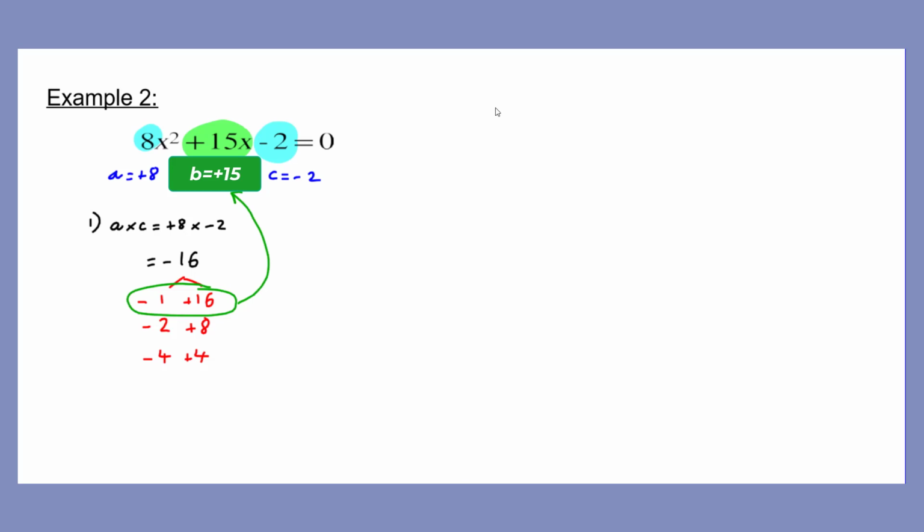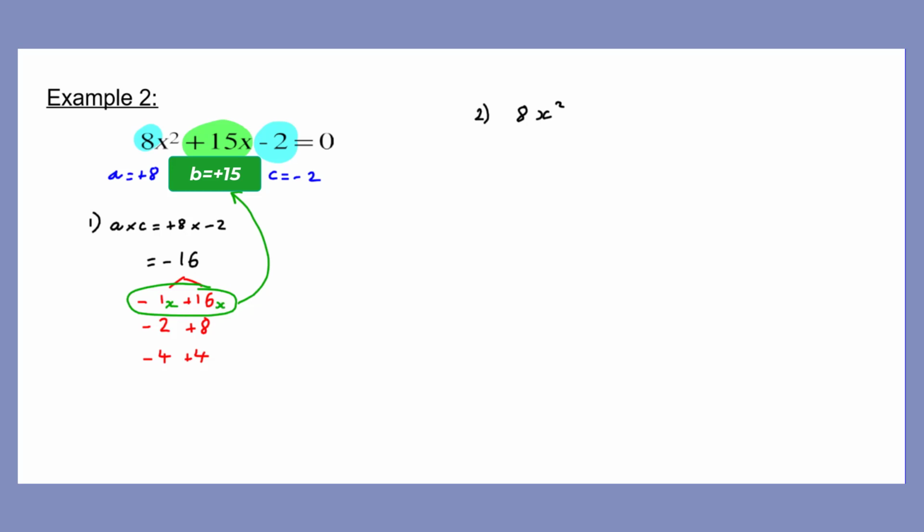So we're going to incorporate that in our quadratic in order to factorize it first and then solve it. So instead of 15x, we can substitute minus 1x, or minus x, and plus 16x, because we found the matching factors by looking at all the factors of 16.